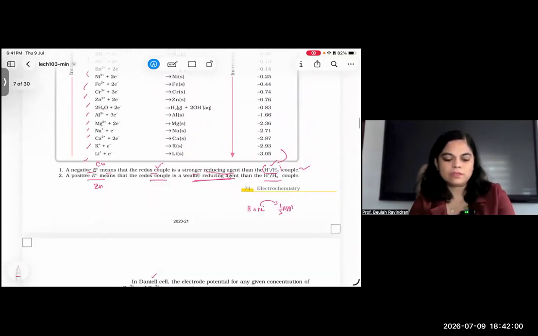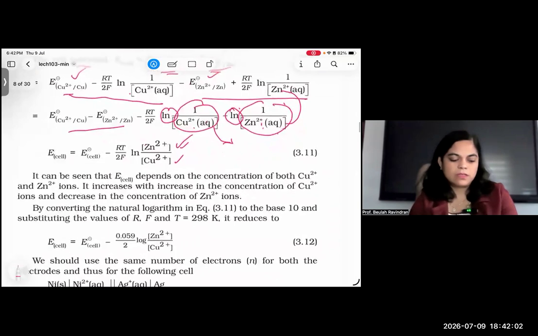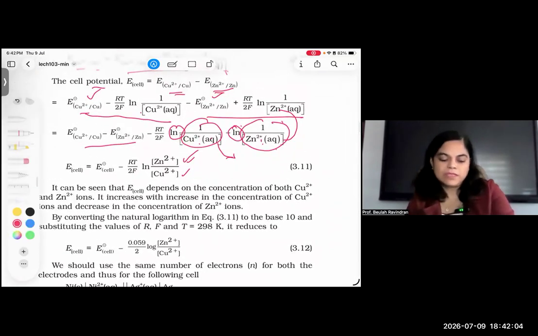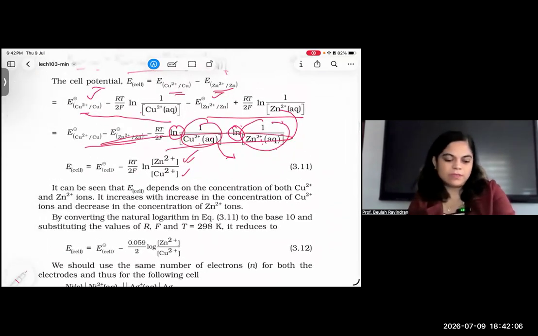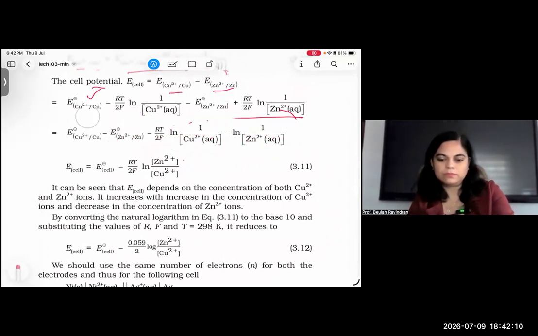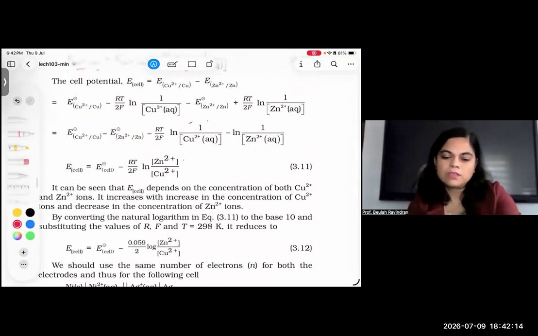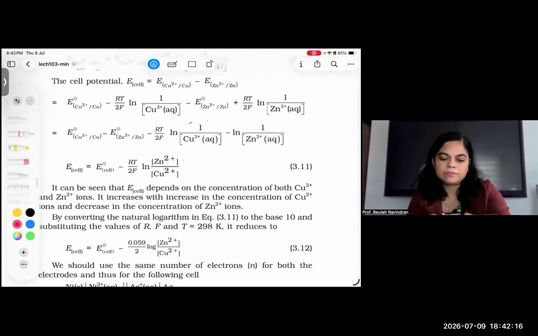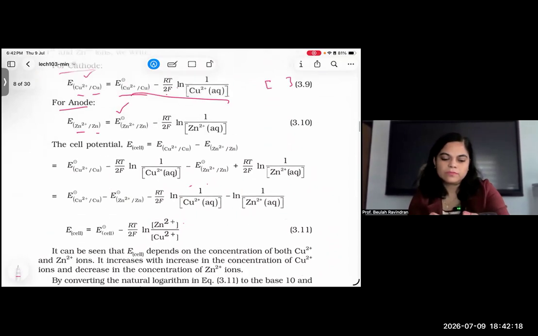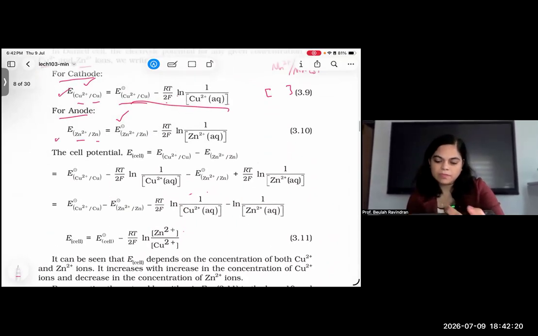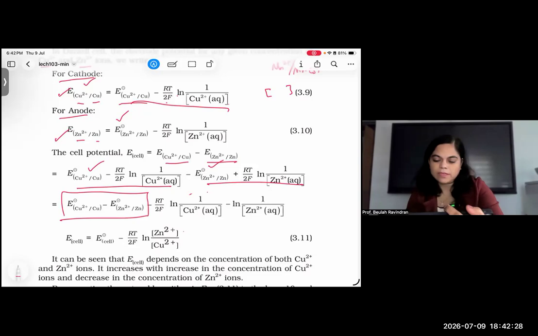See this one. E right minus E left, that's what is given here. So you are writing these two and then taking the first and third term separately, and then the second and fourth term.